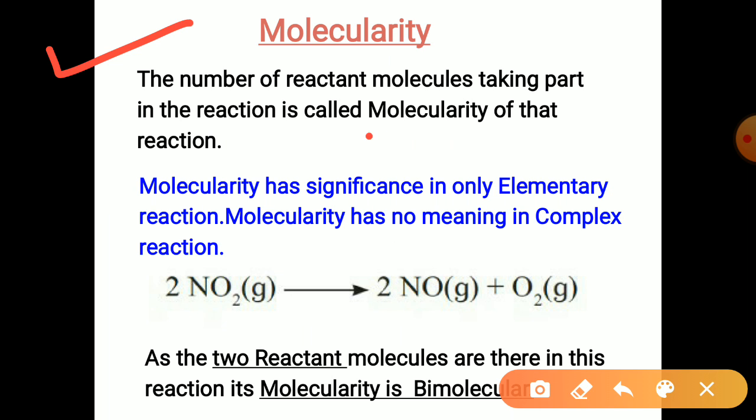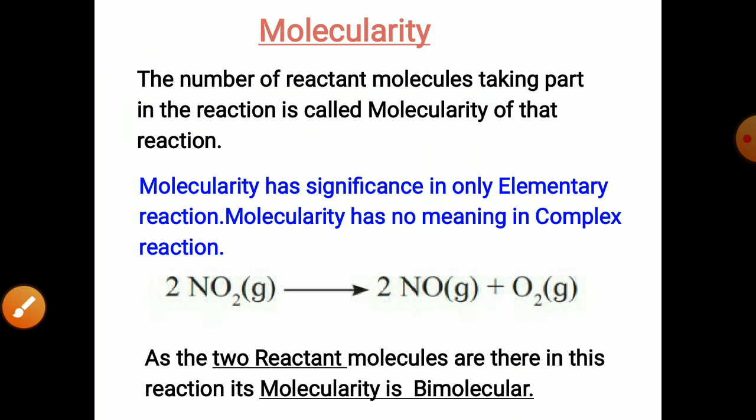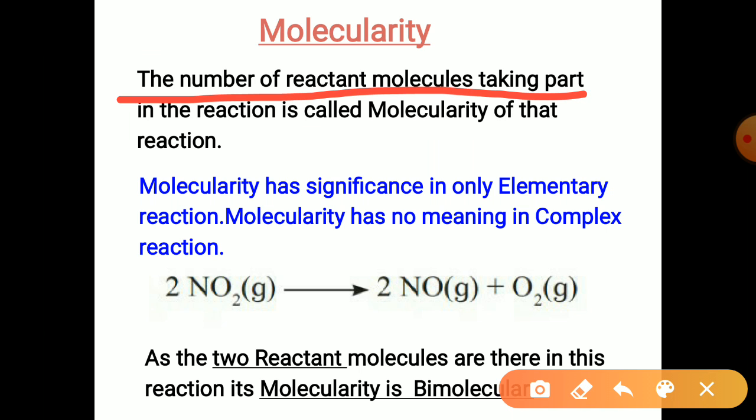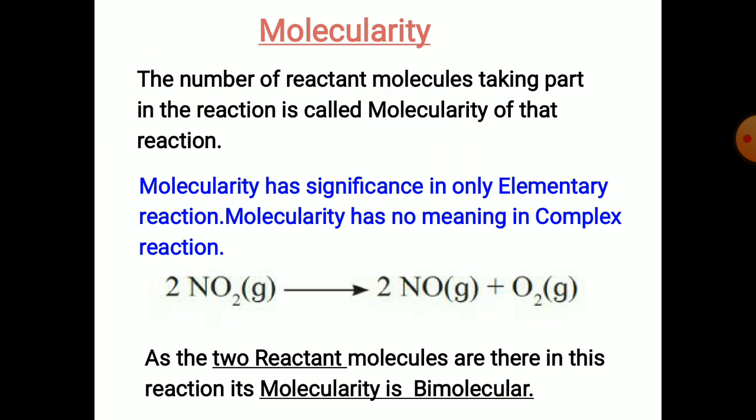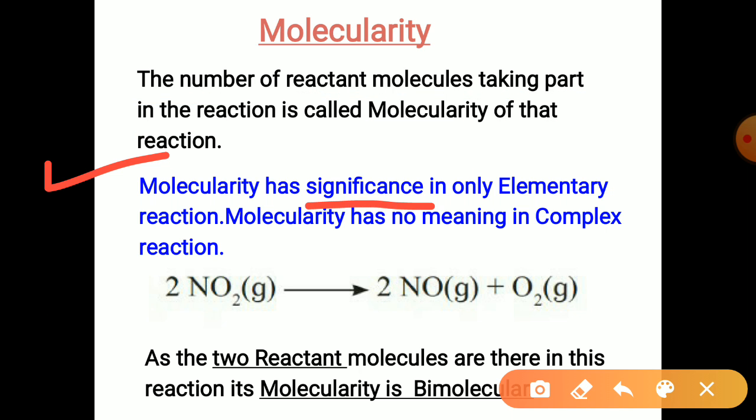Molecularity is nothing but the number of reactant molecules taking part in the reaction. The total number of reactant molecules taking part in the reaction is called the molecularity of that reaction. Molecularity has significance only in an elementary reaction.